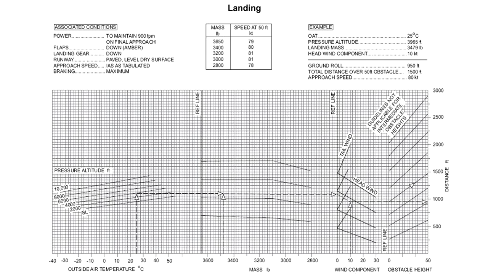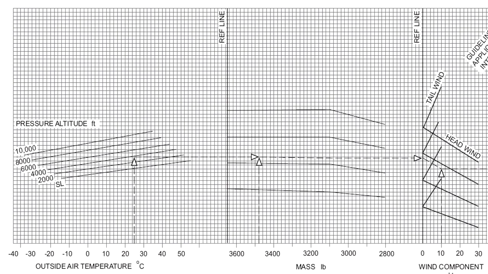Having looked at the various bits of information associated with the graph, let's now examine the graph itself. The left-hand carpet of the graph involves the variations in temperature and pressure altitude. This part of the graph accounts for the effect of air density on the landing distance.